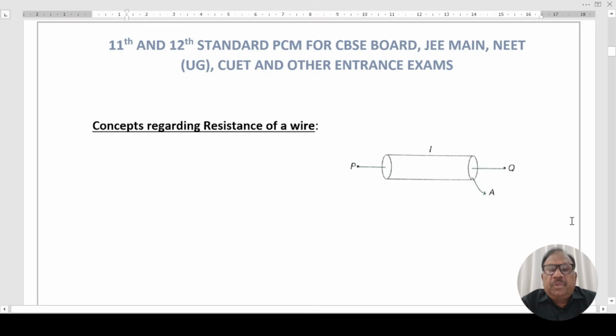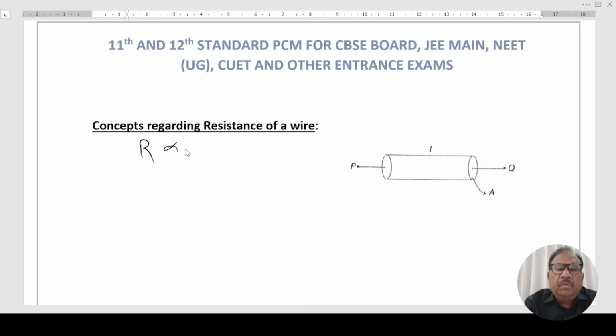Concept regarding resistance of a wire. Resistance of a wire for a given temperature depends on length and is inversely proportional to the area.